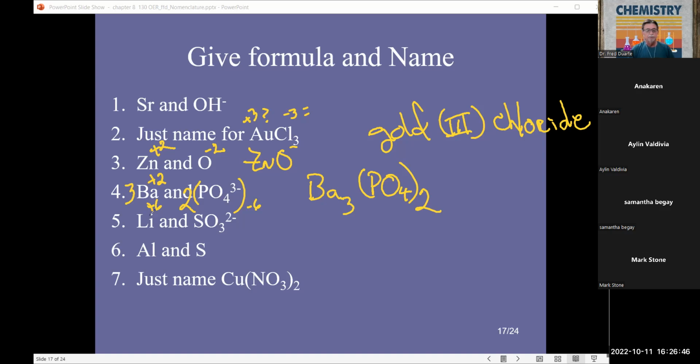Lithium always has a +1, is a group 1 element, okay? And that means that we need 2 lithiums for every sulfite. So its formula becomes Li2SO3, lithium sulfite. Okay.